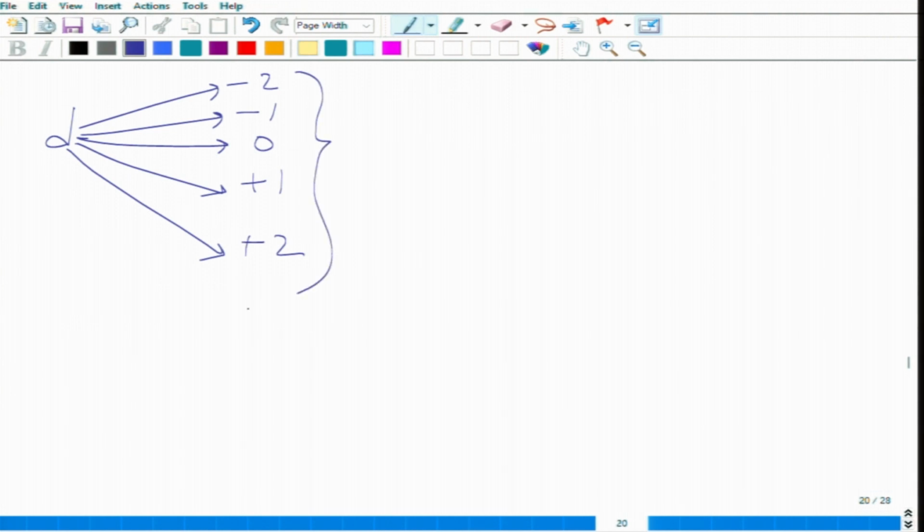With respect to the coordinate axis, we can write them as dxy, dyz, dxz, dx square minus y square and dz square.